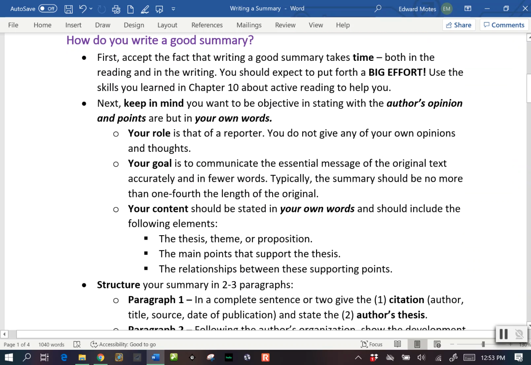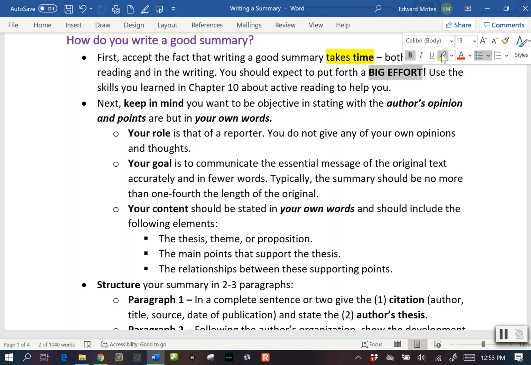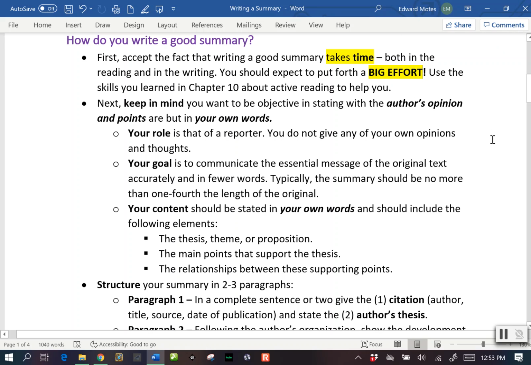So how do you write a good summary? Here's the thing. It takes time to write a summary, and it takes a lot of effort to write a summary. Those are two things to keep in mind. Don't try to rush through your summary very quickly. You want to put the author's opinion and points into your summary, but in your own words.